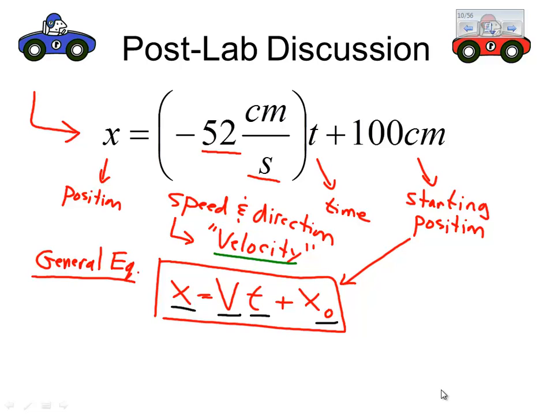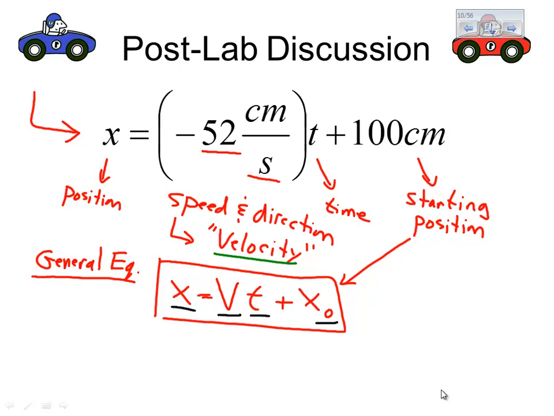Anybody? Yeah. Velocity would be how fast the car was going and in what direction. Yeah. So velocity would be how fast the car is going and in what direction, and where did that come from on our graph or in our equation? Yeah, it came from our slope. So the velocity was the slope of a graph.